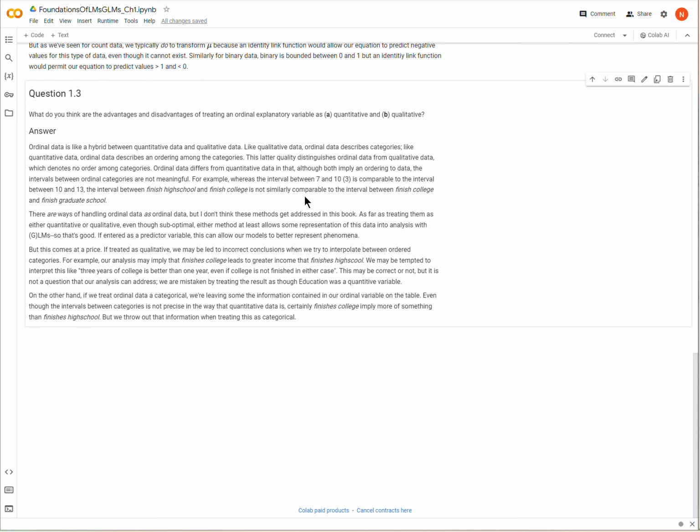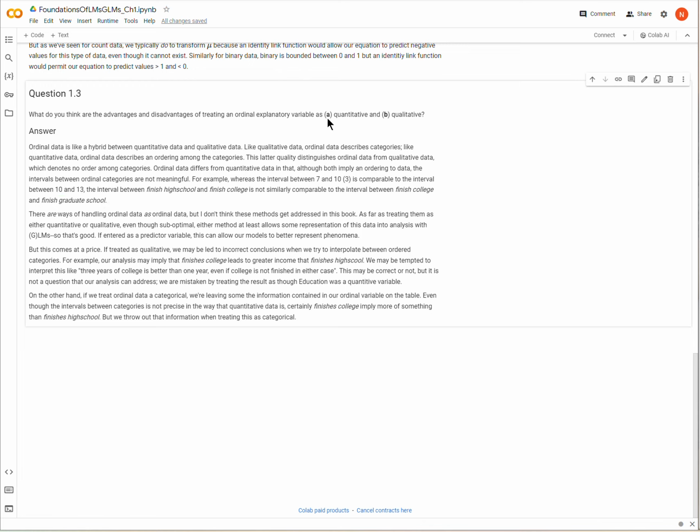Is the interval between finish high school and finish college bigger than the one between finish college and finish graduate school? There's no sense in which the intervals compare, unlike numbers. There's an interval between, say, 7 and 10, which is 3, and an interval between 10 and 13, and we can compare those intervals.